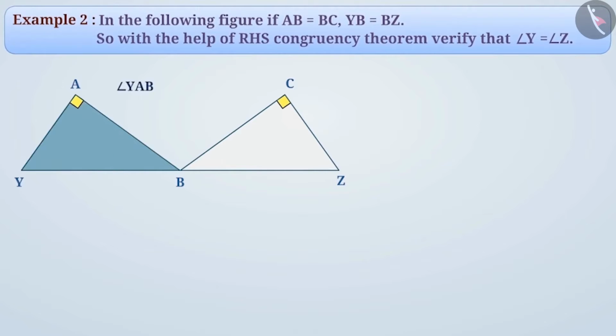Triangle YAB and triangle BCZ are two right-angled triangles. In the question, we are given that side YB is equal to side BZ and side AB is equal to side BC.